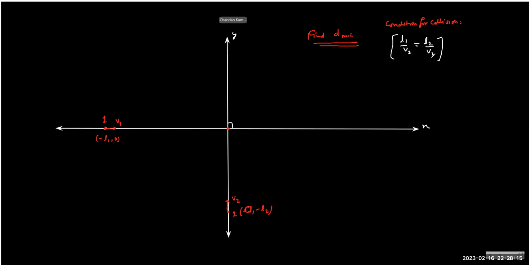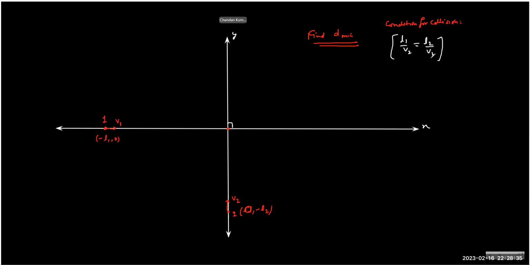Now, if this condition is not true, then they will never meet, but they will always move in a way that at some instant their separation will be minimum and then it will grow further. Isn't it? So the question is, what is the minimum possible separation?